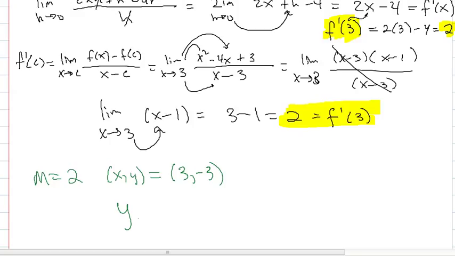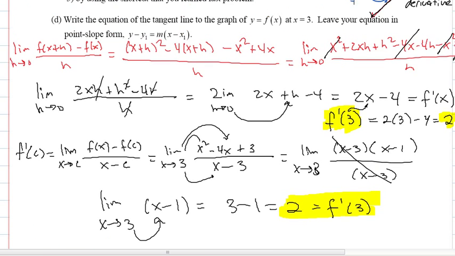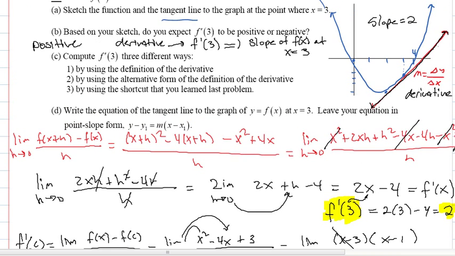Using the point-slope formula, it's y minus negative 3, which is y plus 3, equals 2 times x minus 3, and you're done. This tangent line is y plus 3 equals 2 times x minus 3, and you can simplify that to get the y equals mx plus b version. But in calculus you don't need to simplify it; you can leave it alone and get full credit.